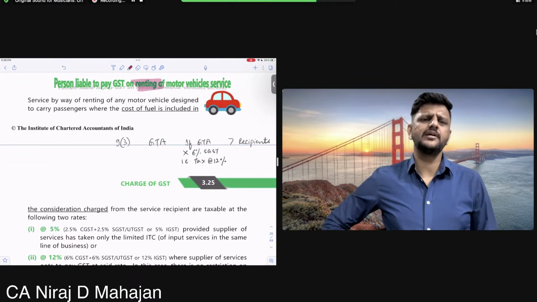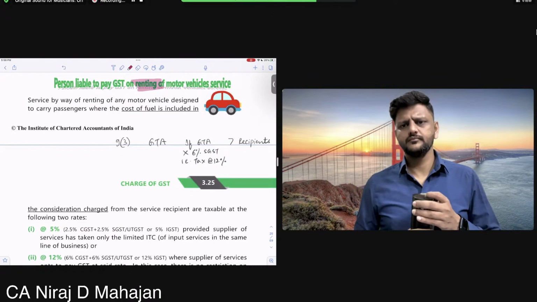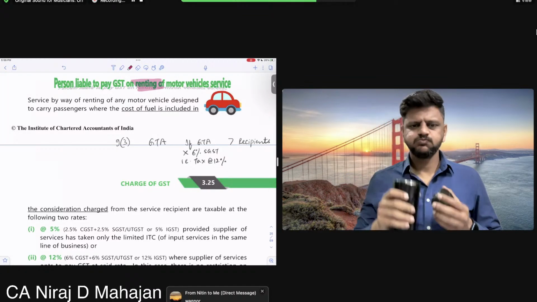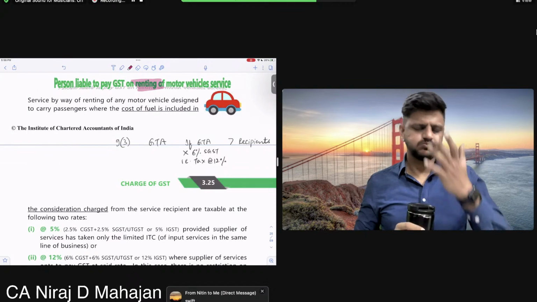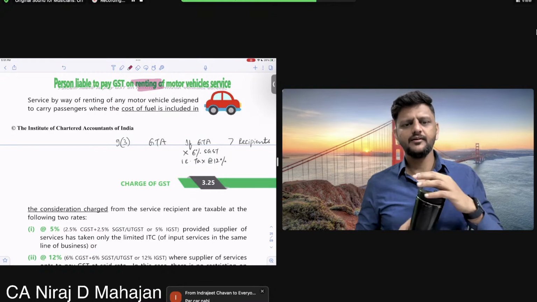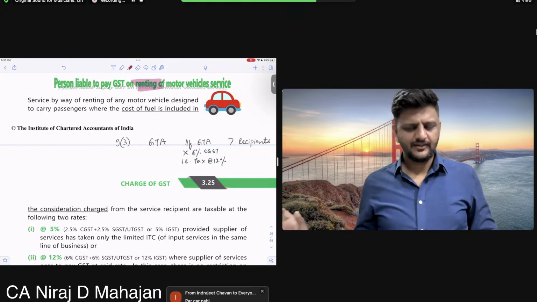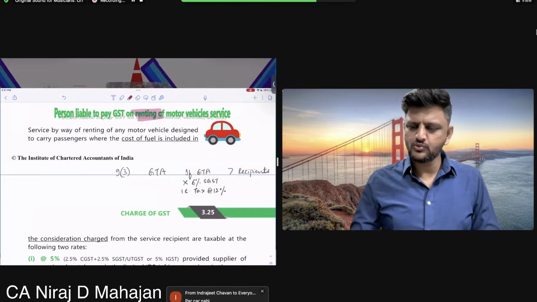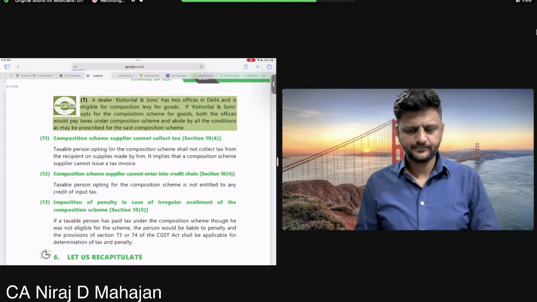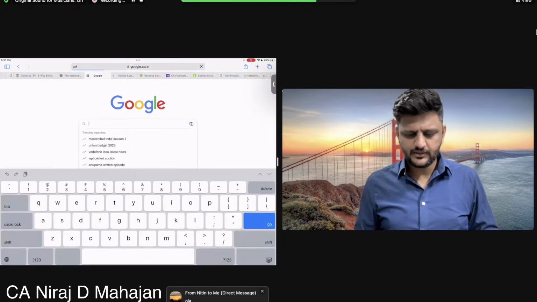Again, there is an example where they give you a car on rent. There are Zoom cars, something like that. If I write Zoom car, I should get their competitors also.